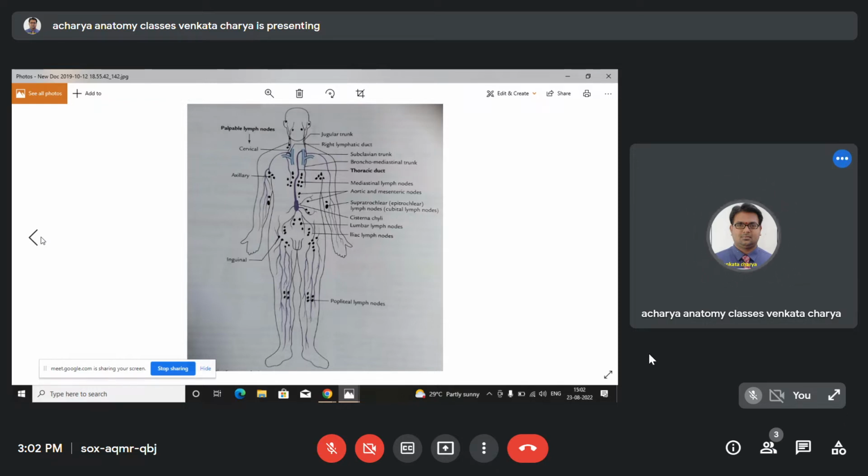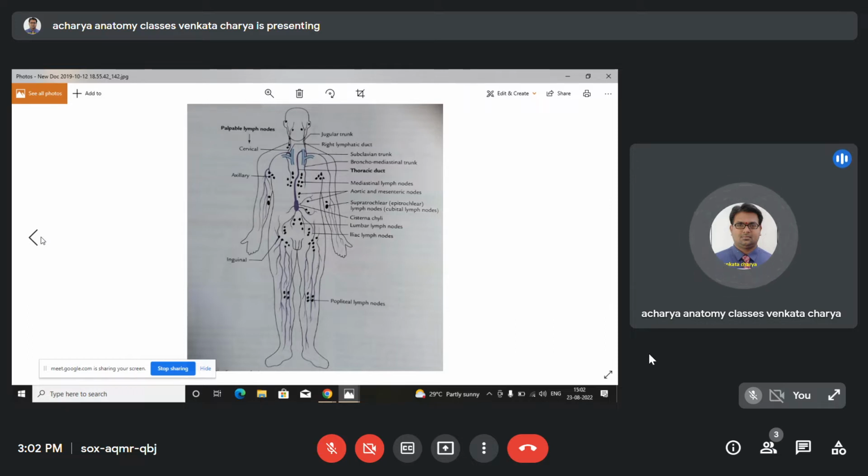Okay, so see here, this lymphatic fluid is the extracellular fluid we call lymph. In the same way, the extracellular fluid in the GIT we call chyle fluid. Outside it is called lymphatic fluid, but in the GIT we call it chyle fluid.